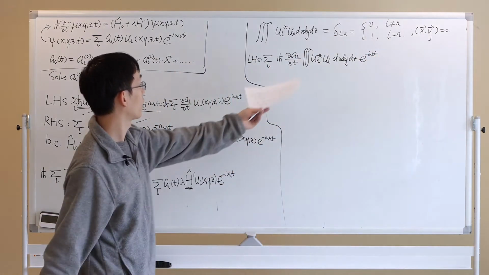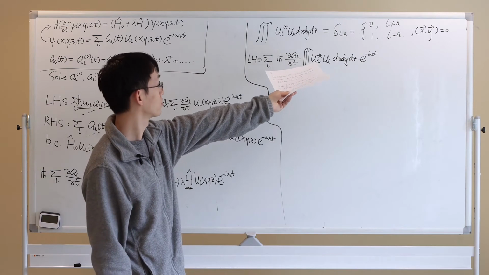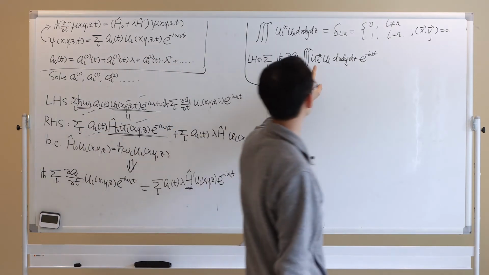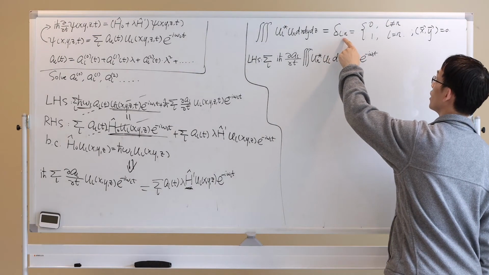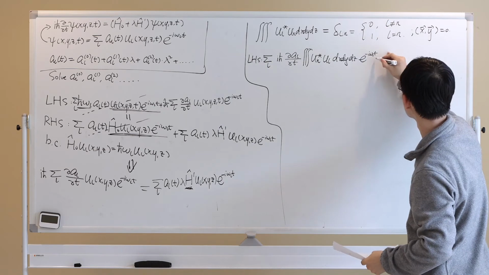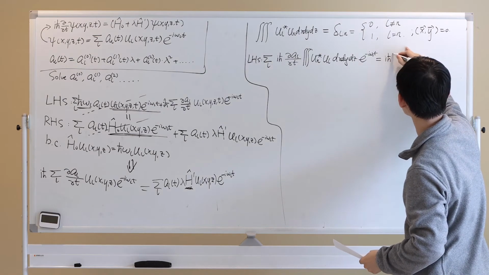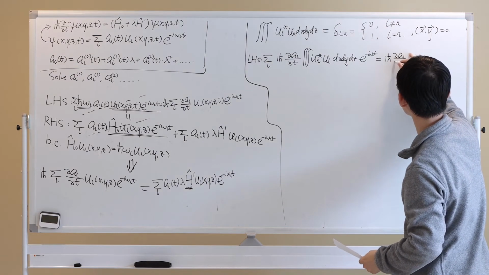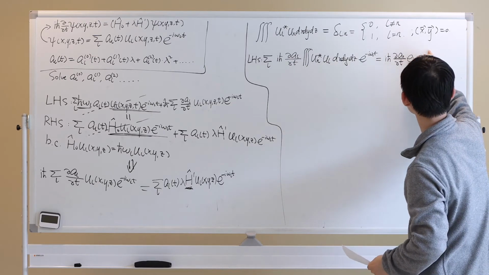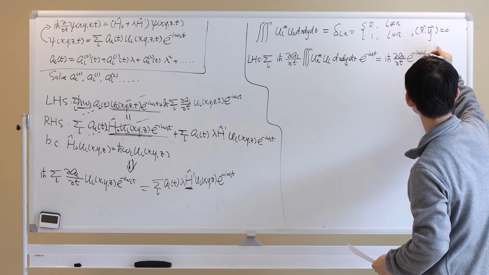You apply u_n conjugate, and then you do integration. Then we know that only when n equals l you have a non-zero value. So this equals iħ ∂a_n/∂t, this one goes away, and then e to the minus iω_n t.